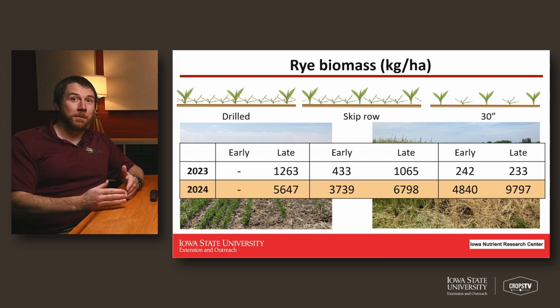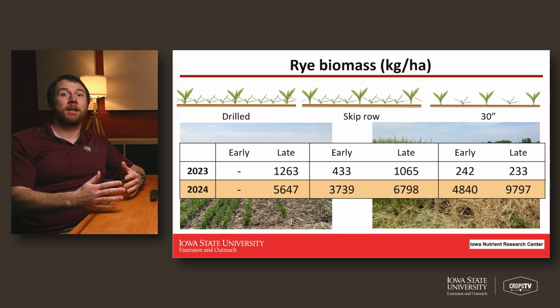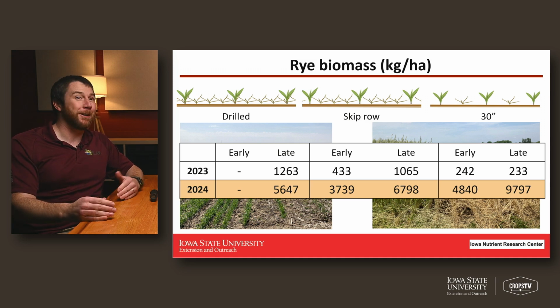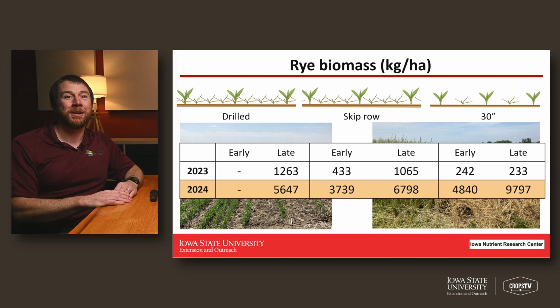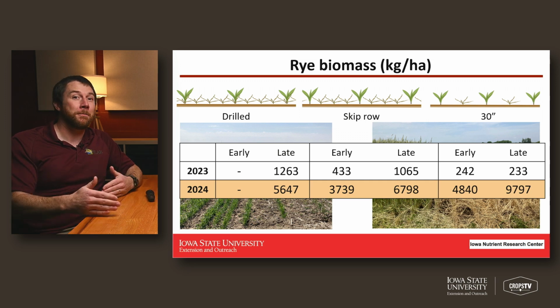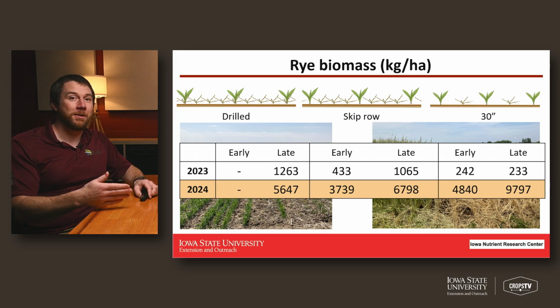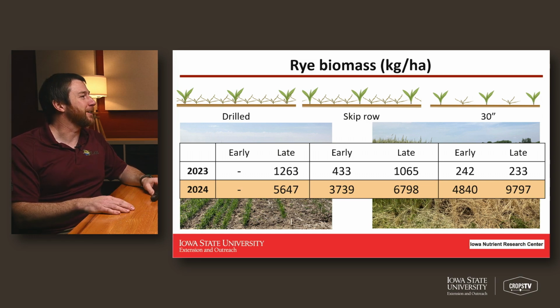From a researcher's perspective, this is really interesting because these serve as boundary conditions. So 2024 is almost a worst case scenario in terms of rye biomass and corn production, whereas 2023 is probably about average. So Rochelle, can you share how these crazy biomass numbers affected our seedling disease?